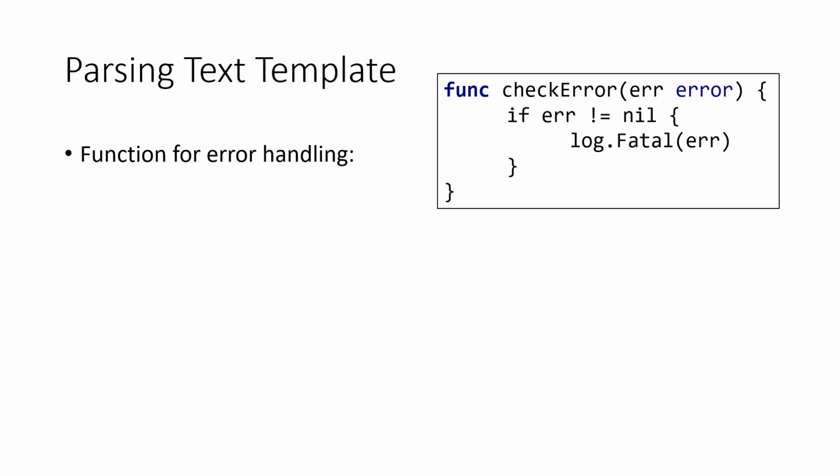For error handling, we define function checkError, which takes an error object as argument and calls the log.Fatal function if the error argument is not nil. The log.Fatal function will display the error message and terminate the program.